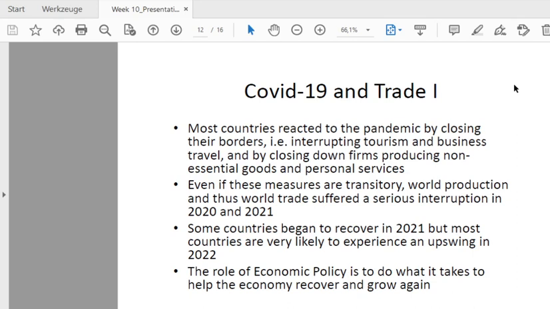Well, even if measures like this are transitory, just for some months, world production and with it world trade suffered a very serious interruption in 2020 and 2021. And I think I showed you some curves about world trade in the first lecture.